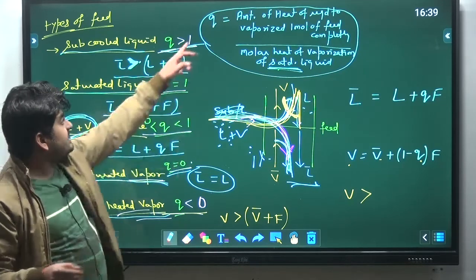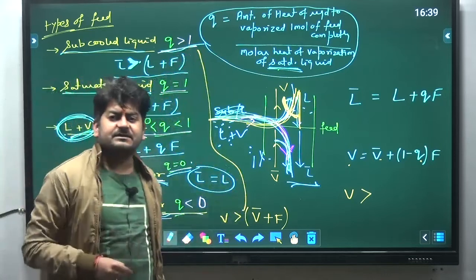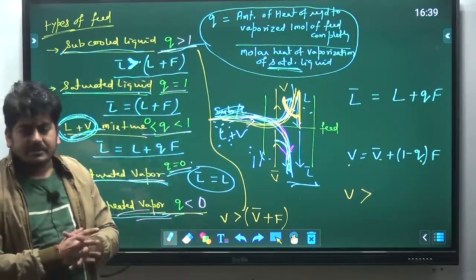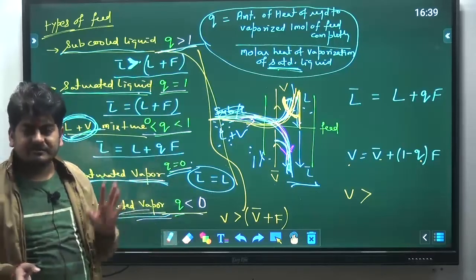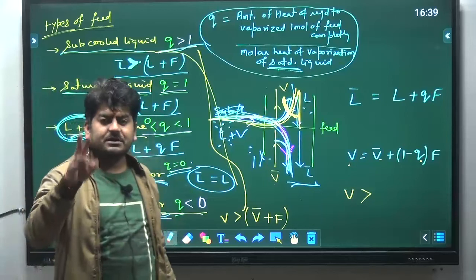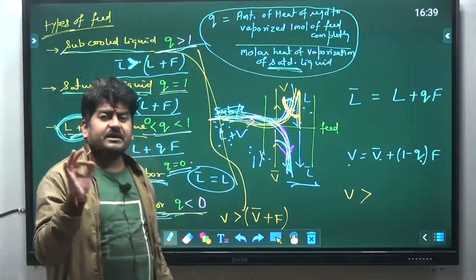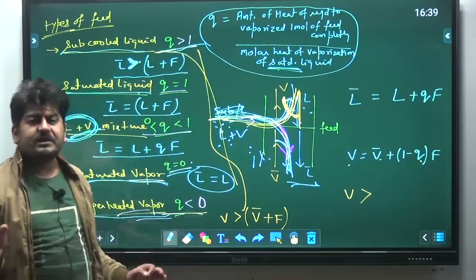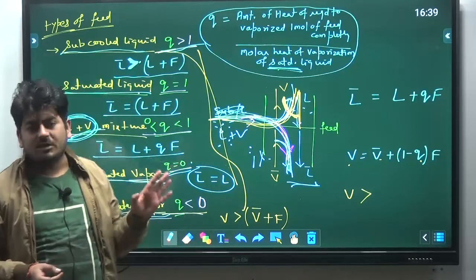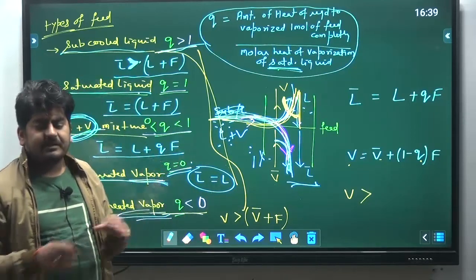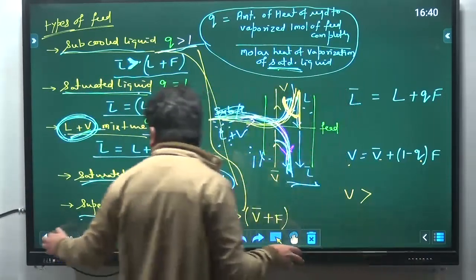So remember, all this explanation was possible only because of the second assumption. We are generalizing all these things for the entire distillation column because of the second assumption of the McCabe method. The molar heat of vaporization of the liquid will be the same throughout the column. Okay, it will be independent of temperature and composition, as we have seen in that example.